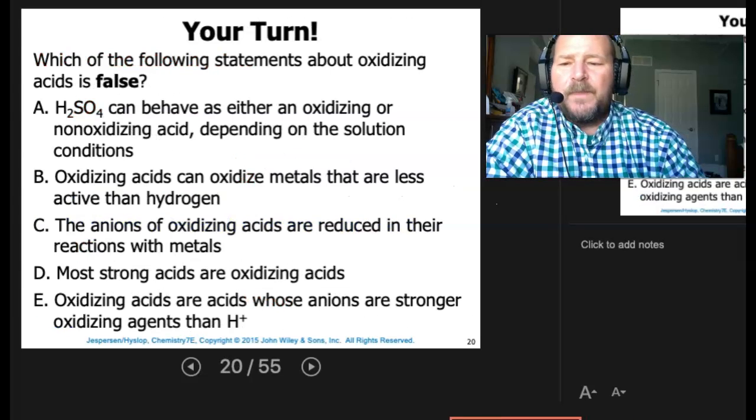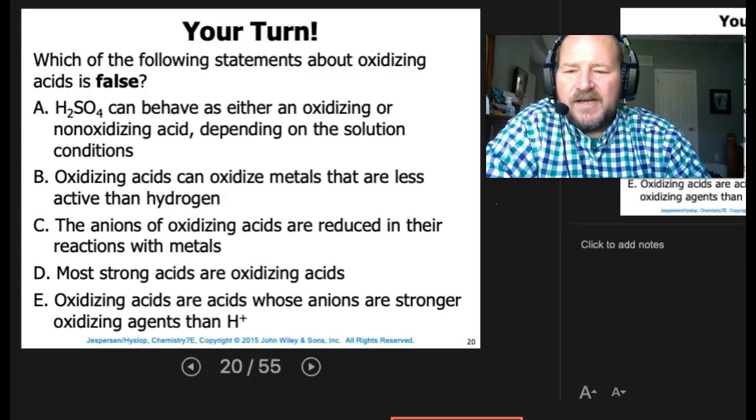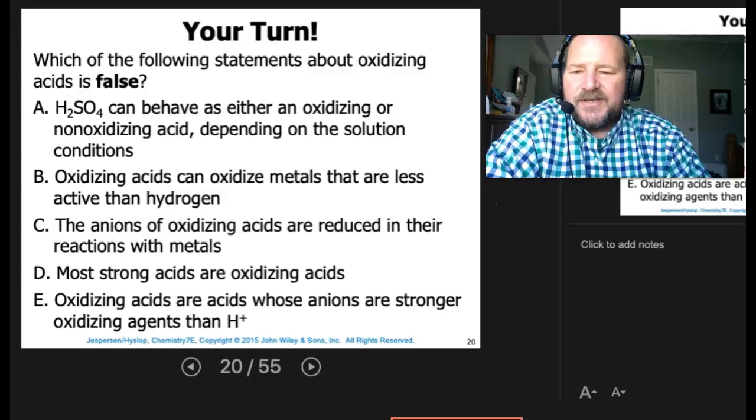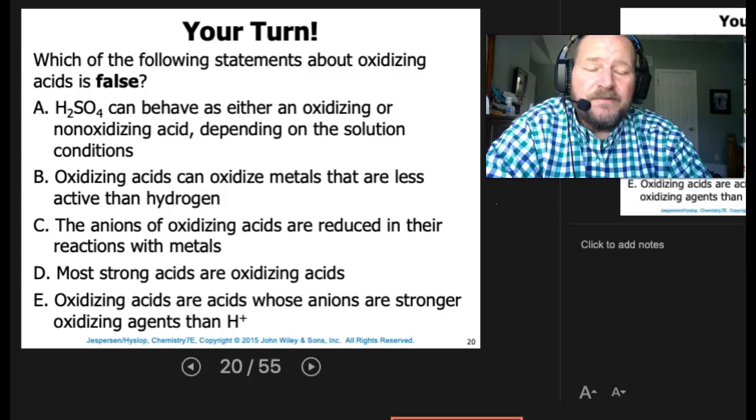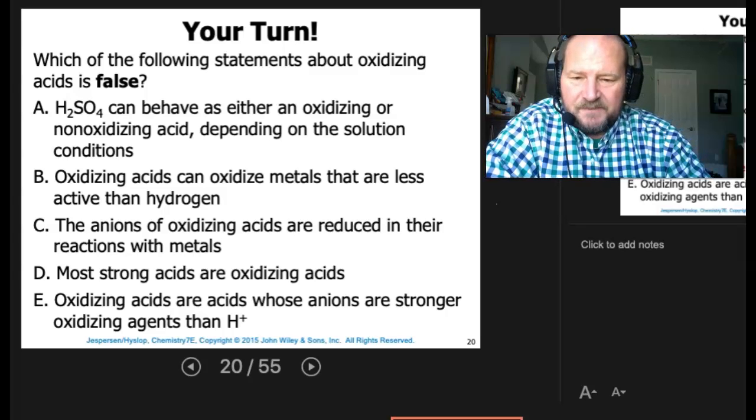All right. So which of the following statements about oxidizing acids is false? H2SO4 can behave as either an oxidizing or a non-oxidizing acid depending on the solution conditions. Is that false? No, that was true. Go back and look through the slides. Oxidizing acids can oxidize metals that are less active than hydrogen.